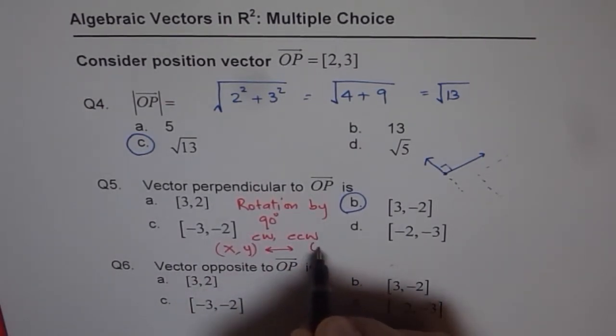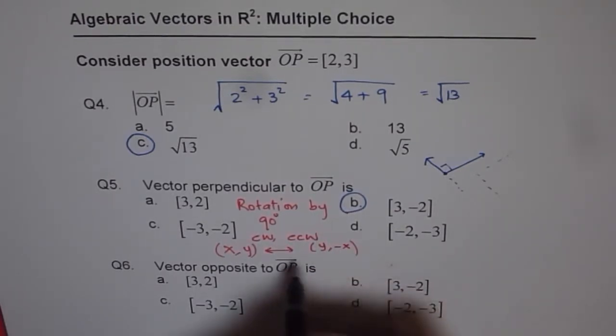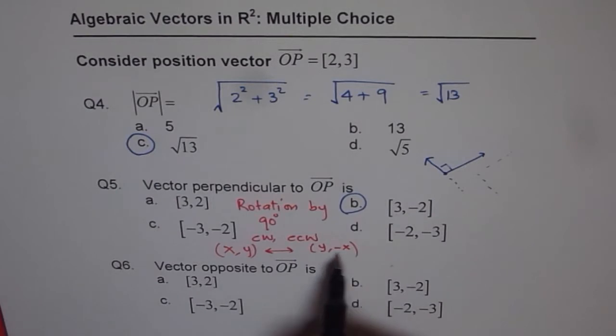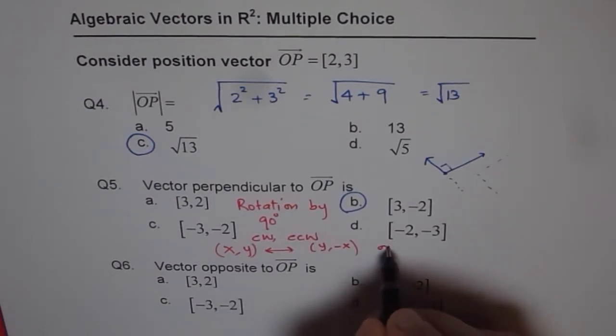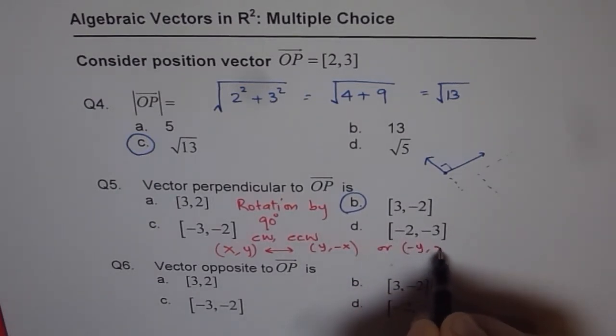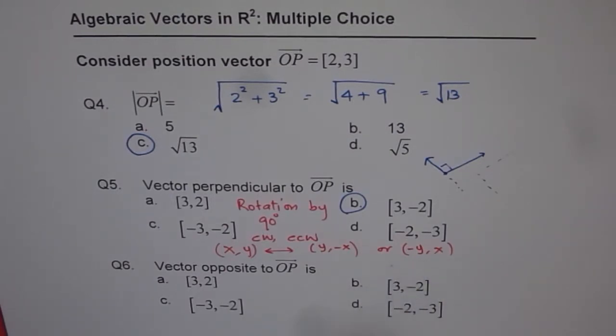So it becomes y, x and then you can change the sign. So first swap. Either one of them can be this, or you could have -y, x. So either one of them is the right answer. From the given choices, we had option B as the correct option, correct? So that is how we should be solving this question.